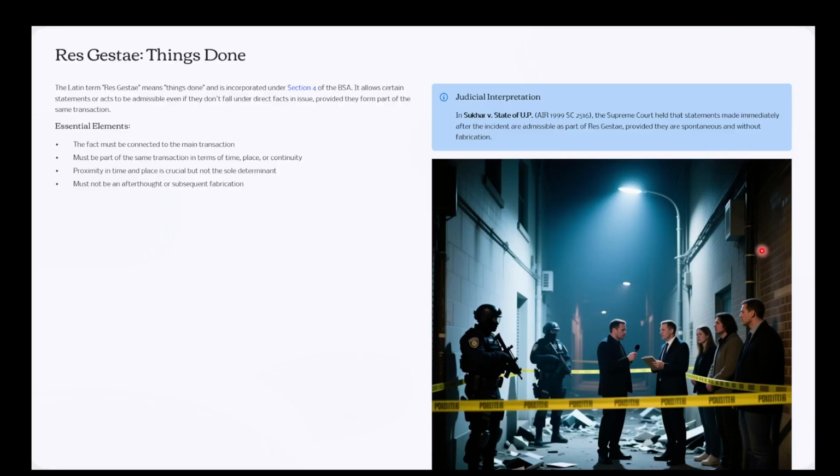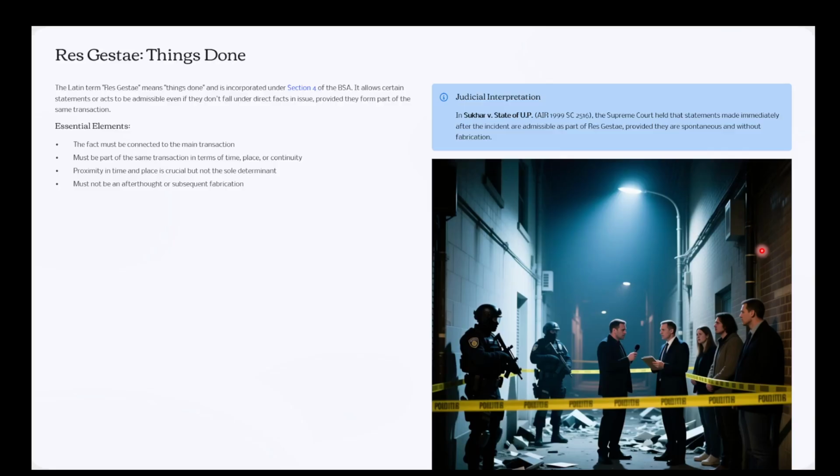The essential elements are: the fact must be connected to the main transaction and must be part of the same transaction in terms of time, place or continuity. Proximity in time and place is crucial but not the sole determinant.